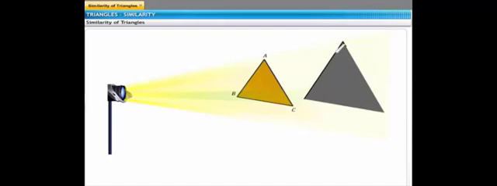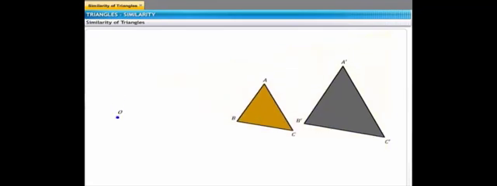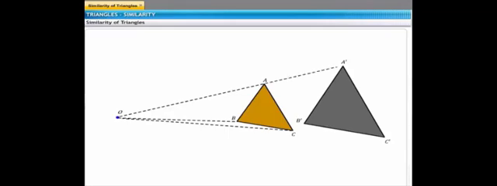Let's mark the shadow of the triangle as A', B', C'. Consider the point of the light bulb as O. Draw rays OA, OB and OC originating from point O. If we extend this ray further, we'll observe that A' lies on ray OA, B' lies on ray OB, and C' lies on ray OC.